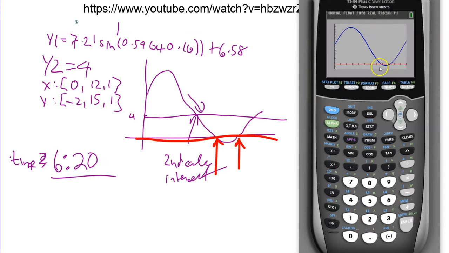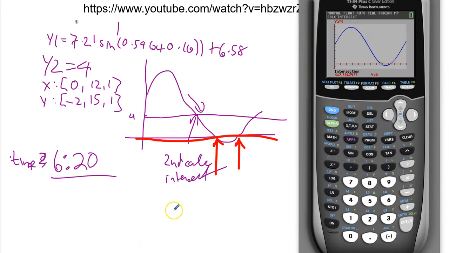Now, one reason I like doing that as compared to going second calc zero is because I could just do an intersect, and intersects are easier than zeros. So second calc intersect. Because in an intersect, you just move to the point, and then you hit enter 3 times.